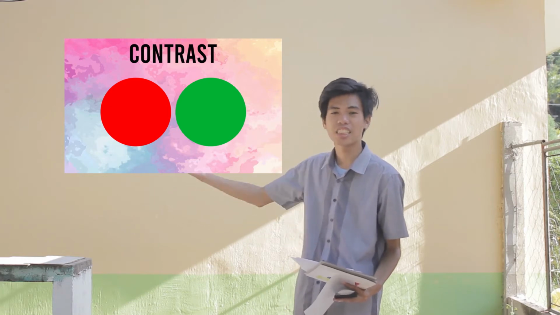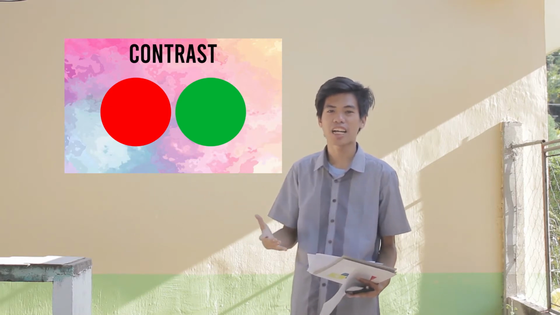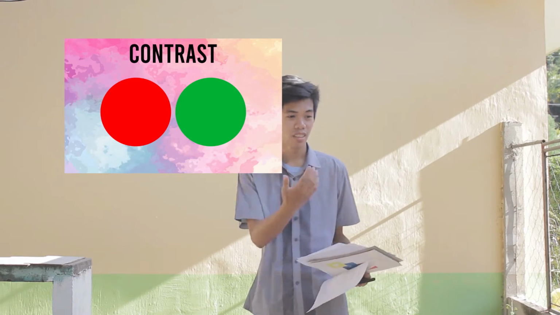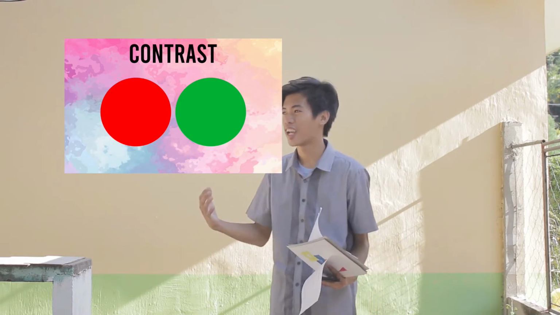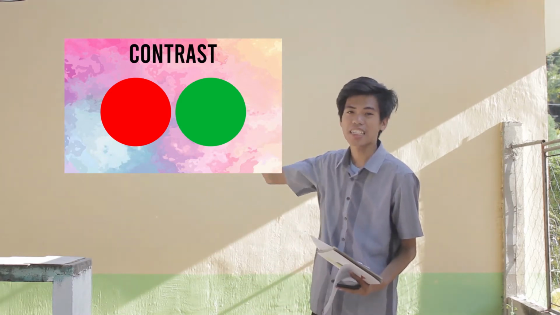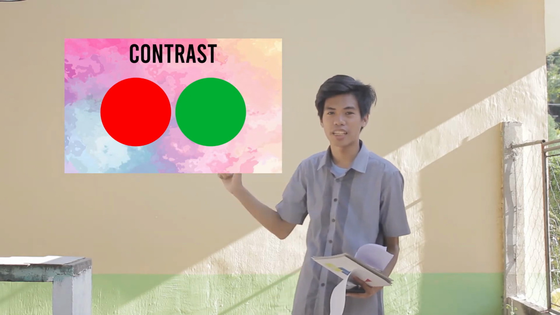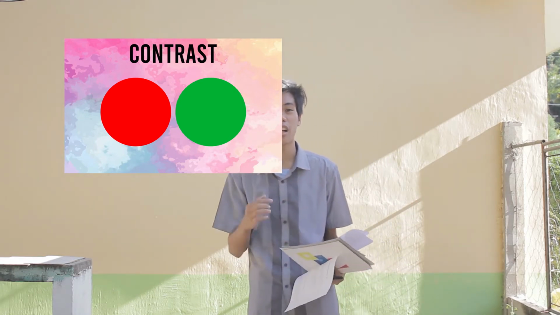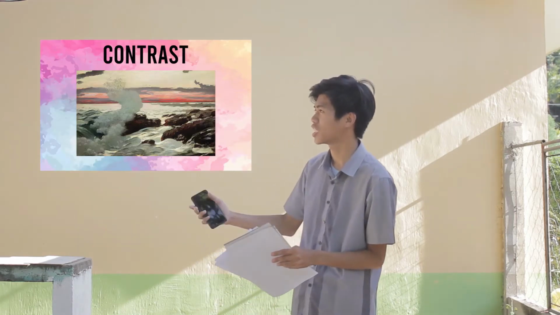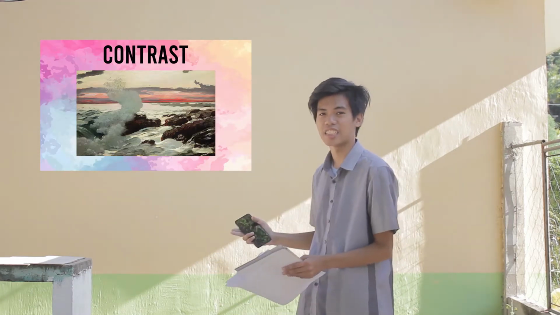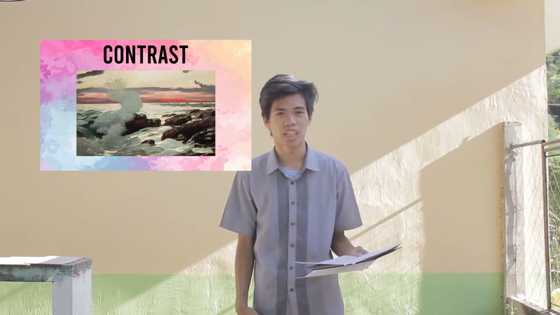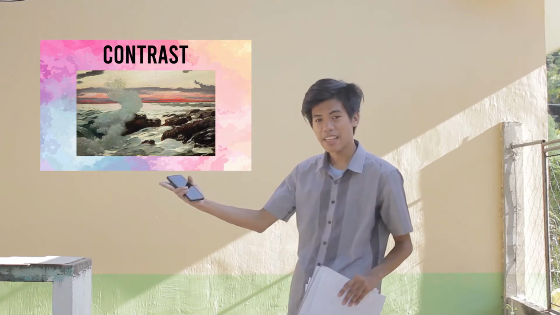Why are these colors recognized as contrast? Okay, so red and green are contrast to each other because they are opposite in the color wheel. Contrast is also by environment, like this example, land and sea. It is an obvious contrast from a land to a sea.